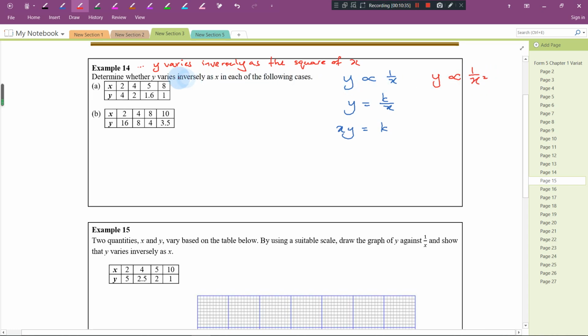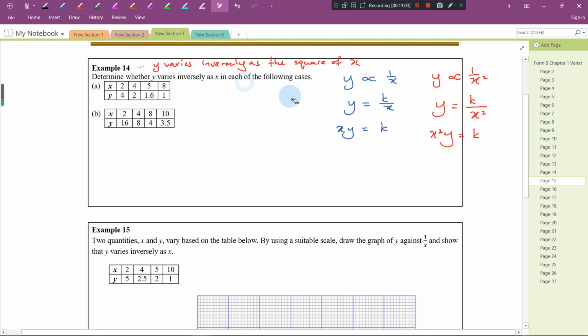Whenever you see varies inversely, you just write 1 over. So y is equal to k over x squared. In this case, we know that x squared times y is equal to a constant. So we have to find the value of x squared times y. If it's equal to a constant, then yes. If not equal to a constant, then no.